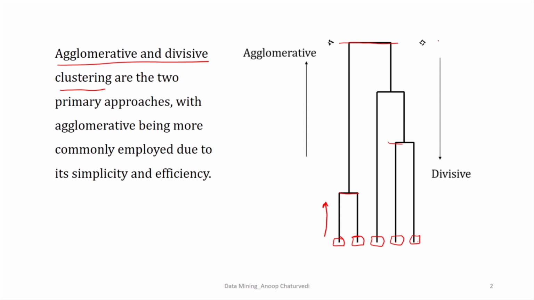So, we start from this direction, and then we move downwards, means we divide this one cluster into two clusters, and then we move further until we reach this point where each cluster has just a single observation. Agglomerative clustering is more commonly used because of its simplicity and efficiency.